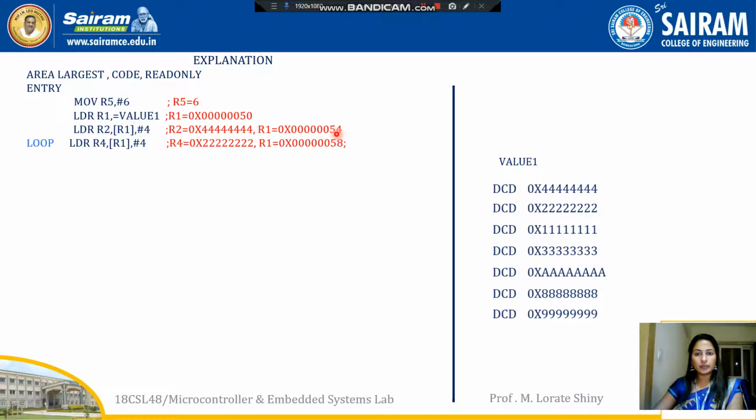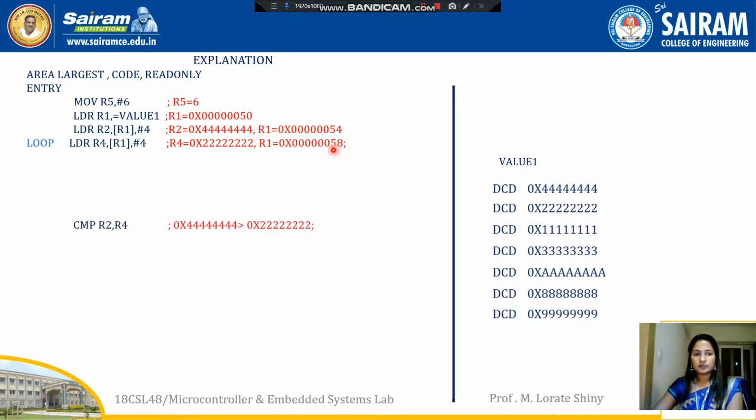If this is 50, then the next address is 54, and at 54 we have 222. That content moves to the R4 register, so R4 has got data 2. Now again I am updating R1. R1 is updated with the new address 58, so this points to the third data.